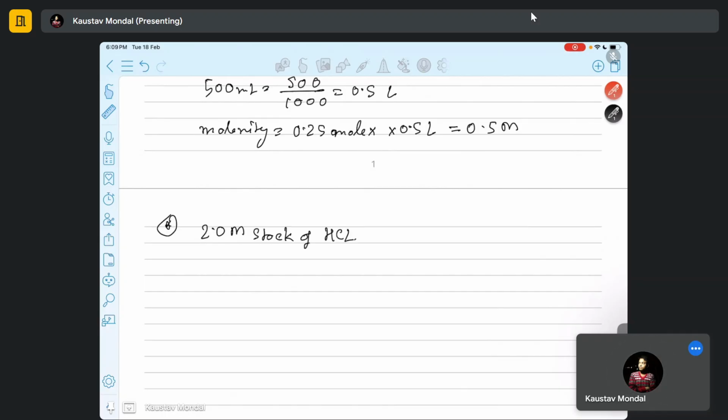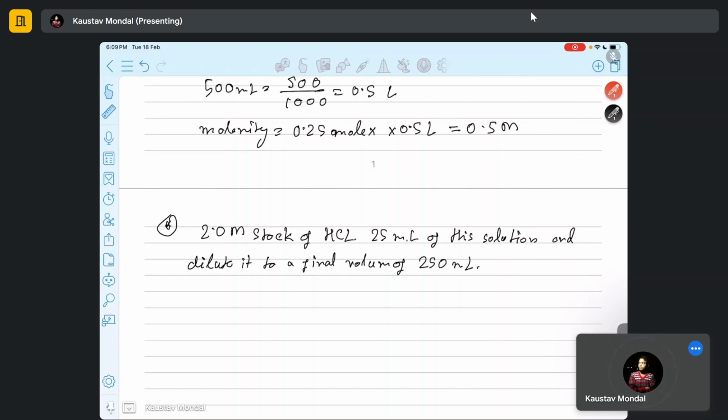Now I take 25 ml of this stock HCl solution and dilute it to a final volume of 250 ml, right?